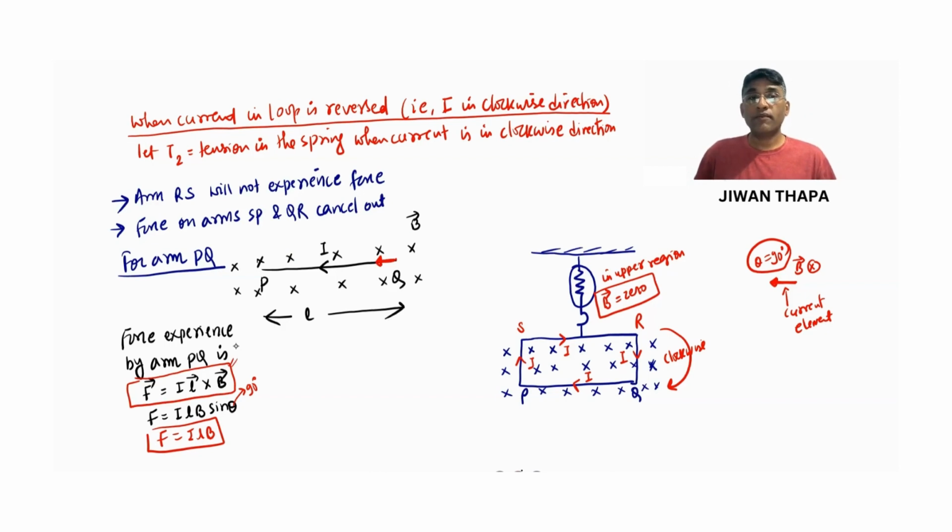So we use Fleming's left hand rule. My first finger is in the direction of the magnetic field, which is perpendicular to the plane of the board and directed inward, and current is flowing from Q to P. So my second finger is directed from Q to P, and the stretched thumb is pointing in downward direction.